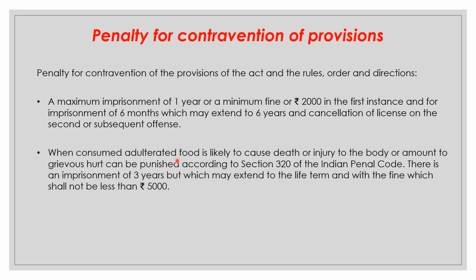When consumed adulterated food is likely to cause death or injury to the body or amount to grievous hurt, can be punished according to section 320 of Indian Penal Code. There is an imprisonment of 3 years, but which may extend to the life term, and with the fine which shall not be less than 5000 rupees.